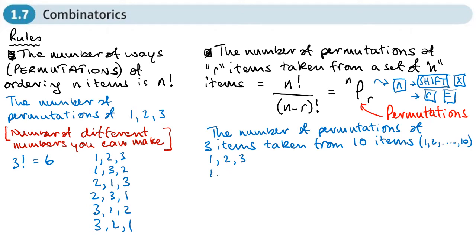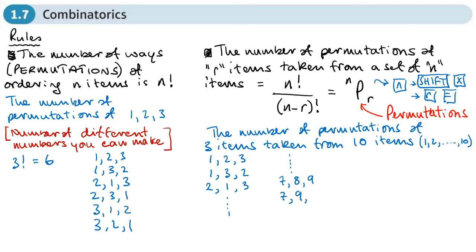then I could pick 3 items. I could pick 1, 2, 3 from that list. A different way of ordering the 3 items would be 1, 3, 2, and then 2, 1, 3, for example.